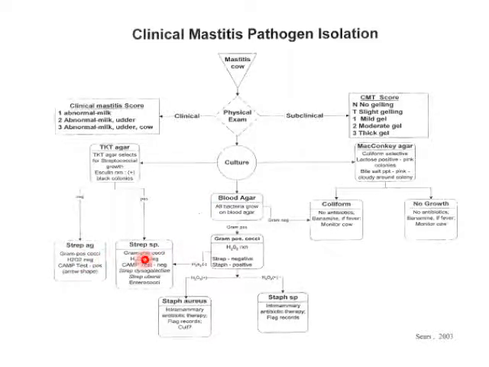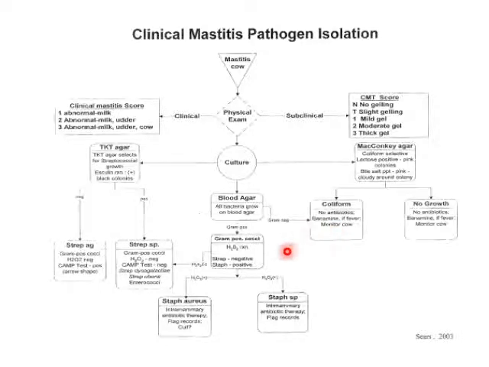You're going to identify Strep ag, Strep species, Staph aureus, Staph species, on different plates, coliform or no growth. So you have an agar that's specifically designed to bring out your coliforms. If you identify those, you're going to do no antibiotics. You're going to treat her symptoms, and hopefully she will spontaneously recover.